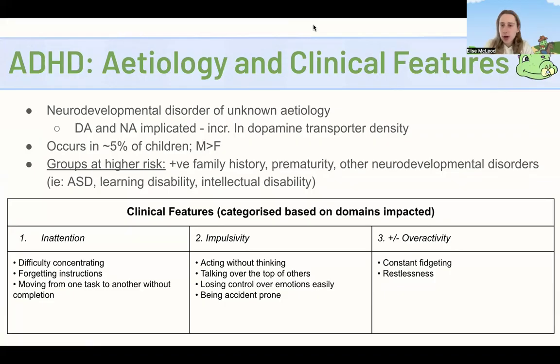And particular groups are at high risk. So there is sort of a strong family history type link, premature children, and children with other neurodevelopmental disorders. Again, looking at the domains impacted, there's usually three or two key domains plus or minus overactivity.